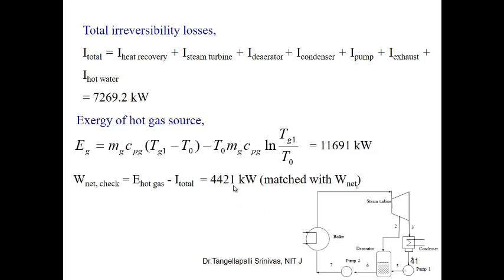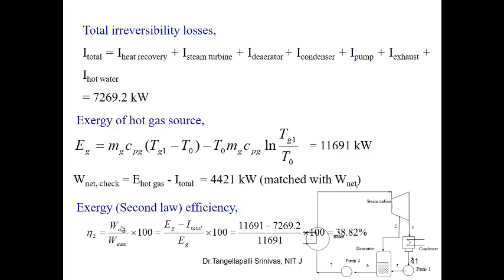The exergy output here is 4021 kilowatts, which approximately matches the output calculated from the steam turbine using energy formulations. Similar to the energy efficiency, exergy efficiency is also defined as exergy output by exergy input.